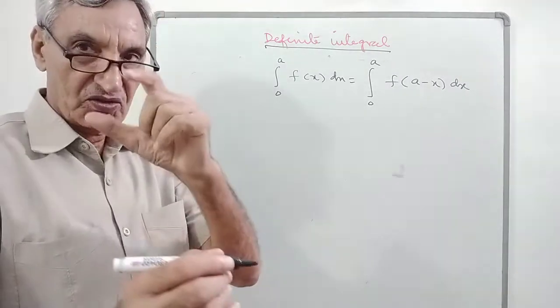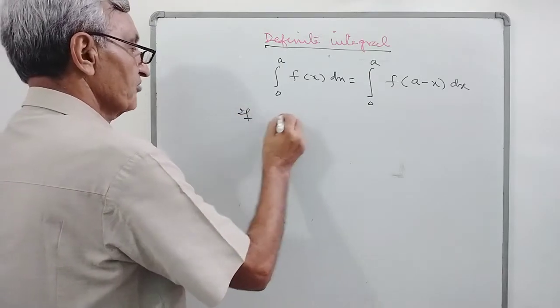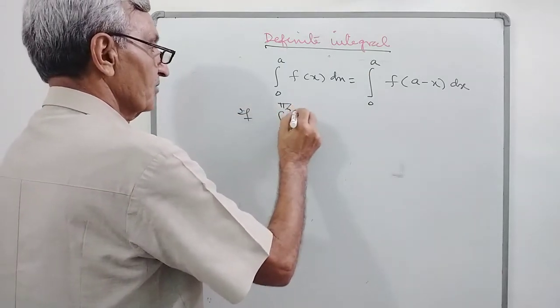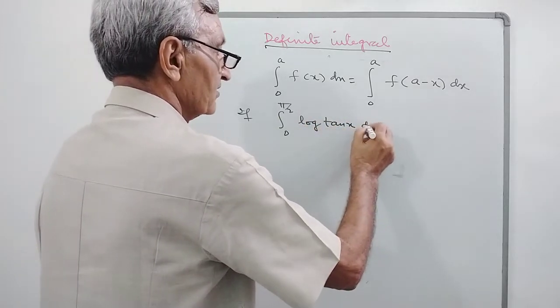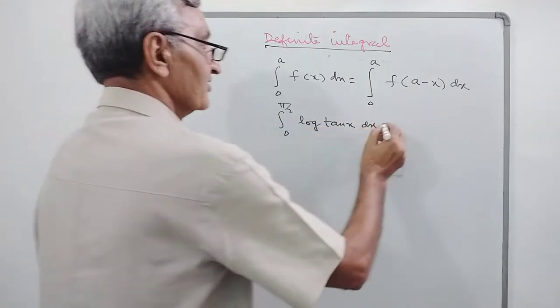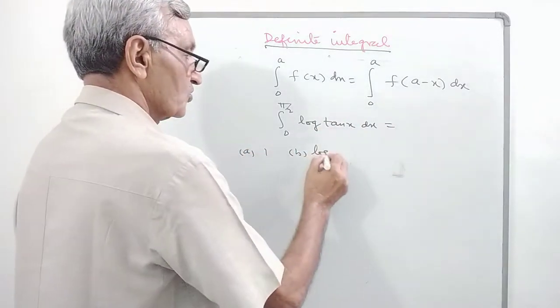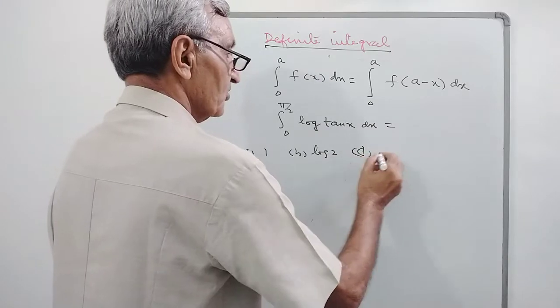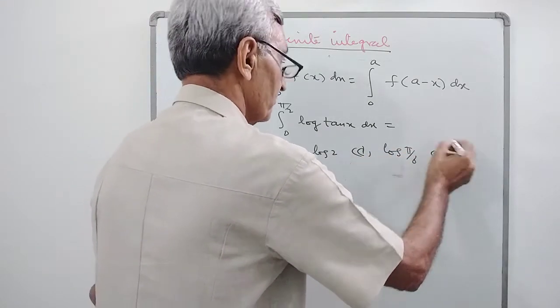Now the question based on this: the integral from 0 to pi by 2 of log tan x dx is equal to what? Options: a is 1, b is log 2, c is log pi by 6, d is 0.